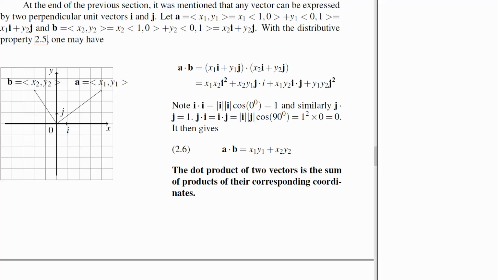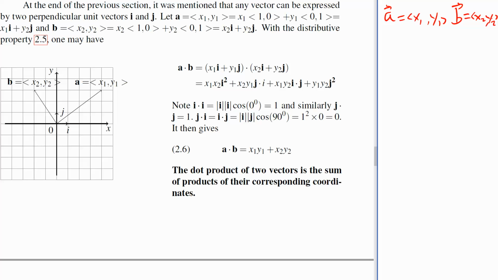Previously, we know if we have a vector A, let's say, which is x1, y1, and a vector B is x2, y2, then what do we get?